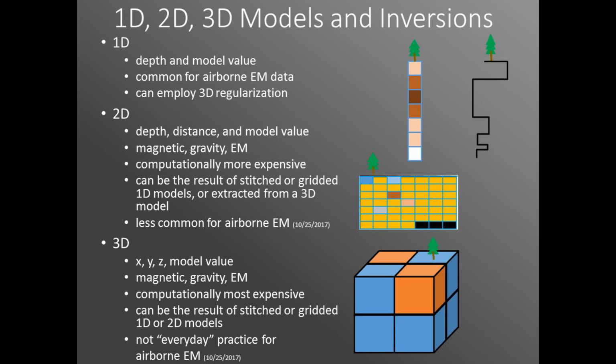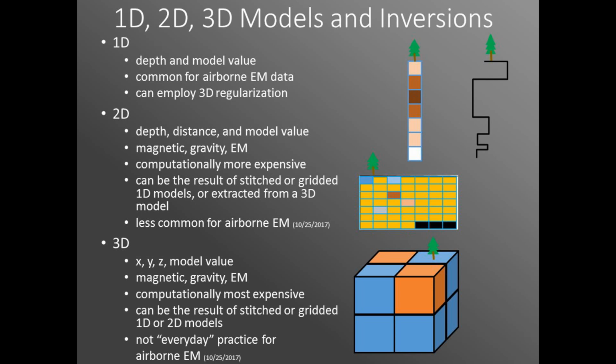You might just have a stack of cubes and color to the model value. Or another thing, you might see a plot of a model. In that case, the figure on the right there, the vertical axis would be depth, and the horizontal axis would just be model value. So maybe it's resistivity with depth.